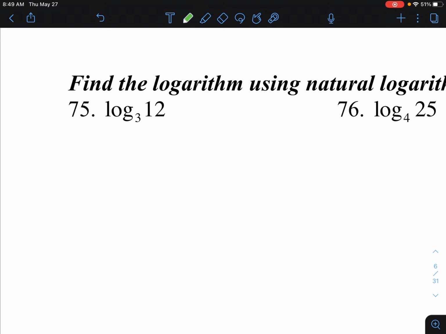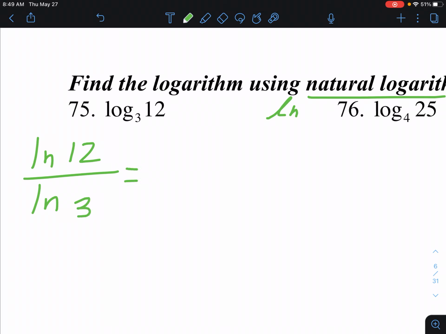So we're going to use natural logs. That means ln for natural logs. If we want to do this, it's actually very simple. You hit ln of 12 in your calculator, ln of 3 in your calculator. I'll do that now. So the ln button, then 12 would be 2.4849.